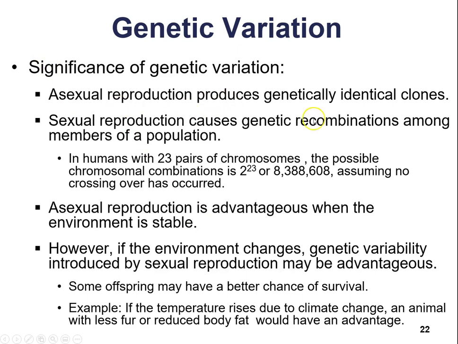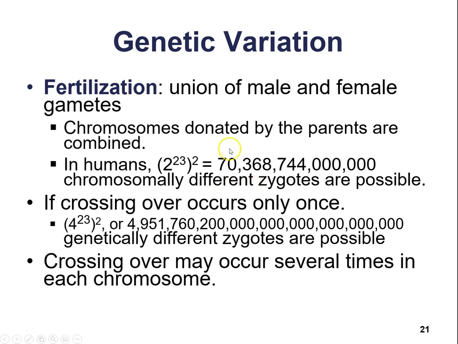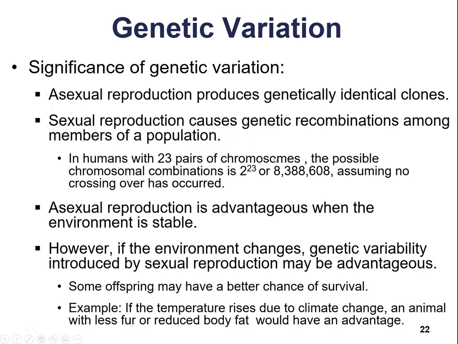In asexual reproduction, you have genetically identical clones. In sexual reproduction, you have genetic recombinations that occur. We just talked about how much variation there is. It says here, in humans, the possible chromosomal combinations is 2 to the power of 23, okay, assuming no crossing over has occurred. But again, remember, then you're going to square that number to get this if we're talking about the joining of the zygote.